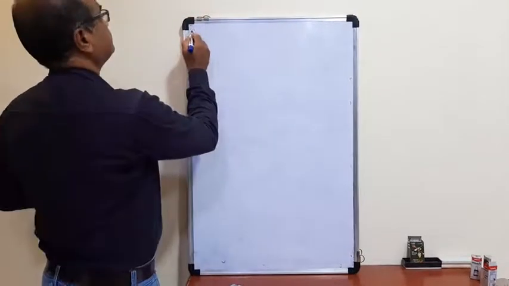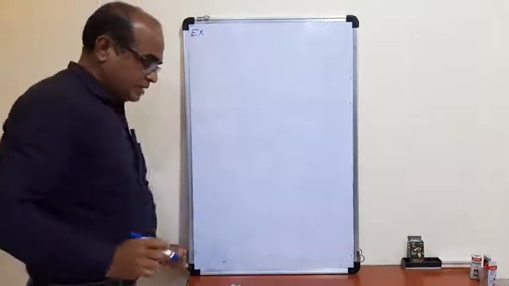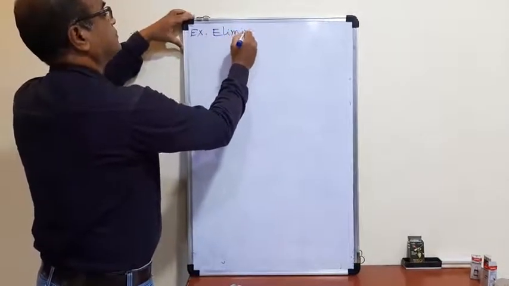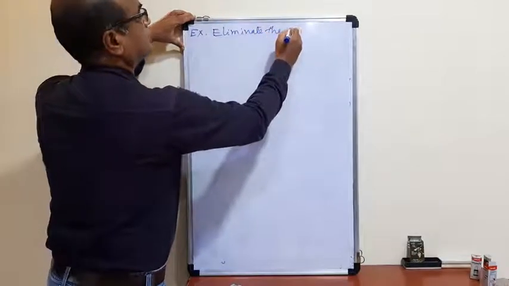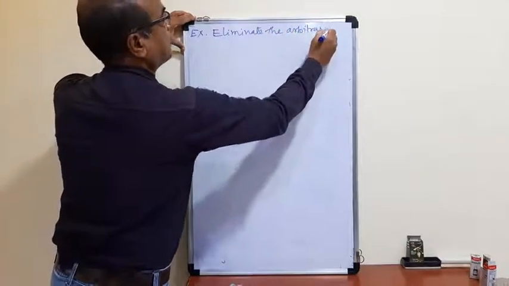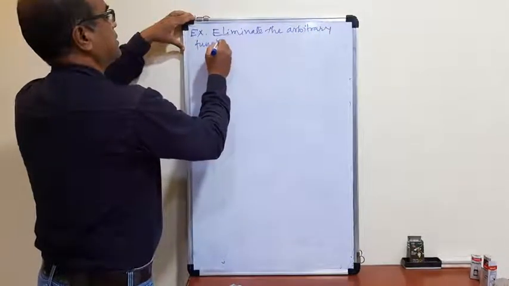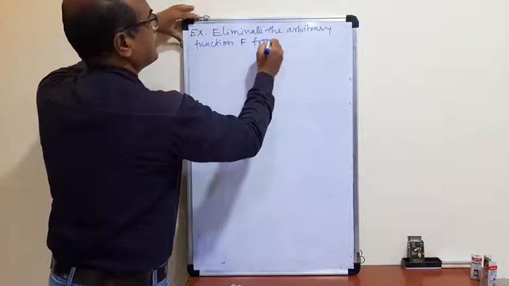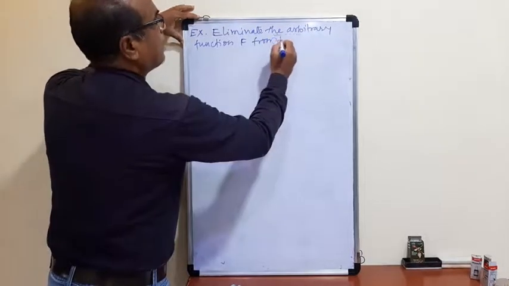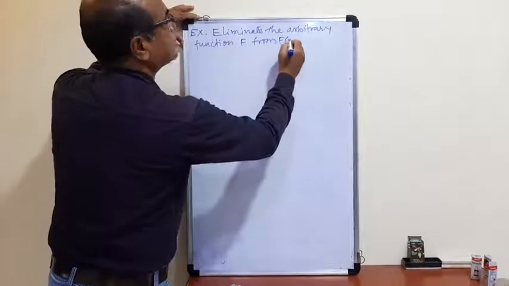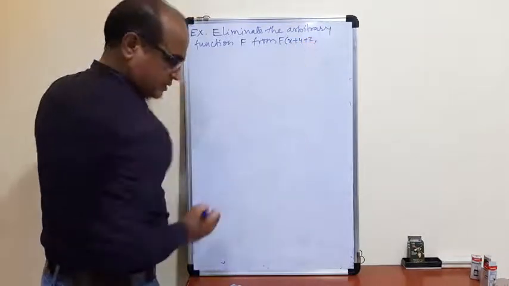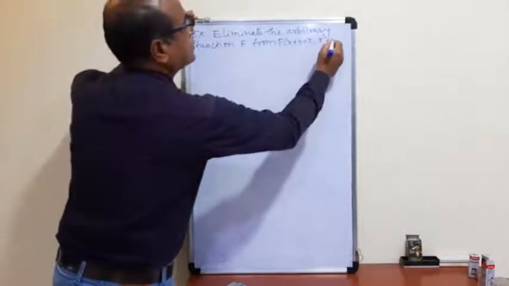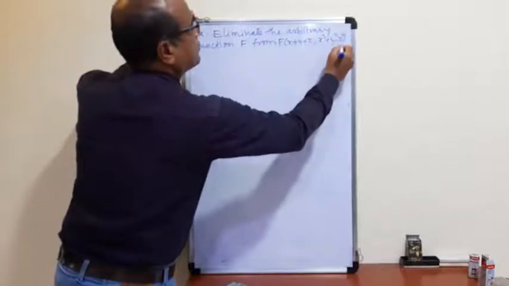Let us take an example. Eliminate the arbitrary function f from f of (x plus y plus z, x square plus y square minus z square) is equal to 0.